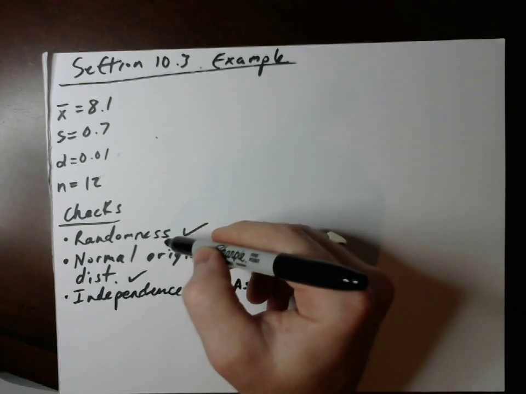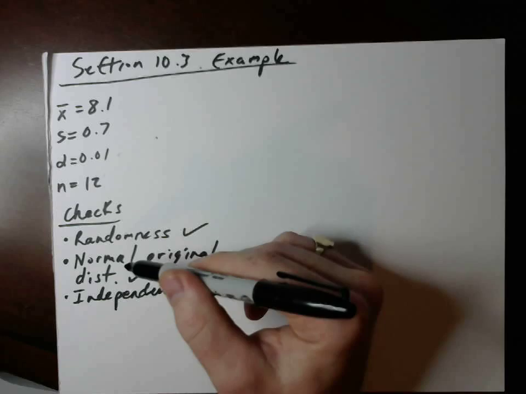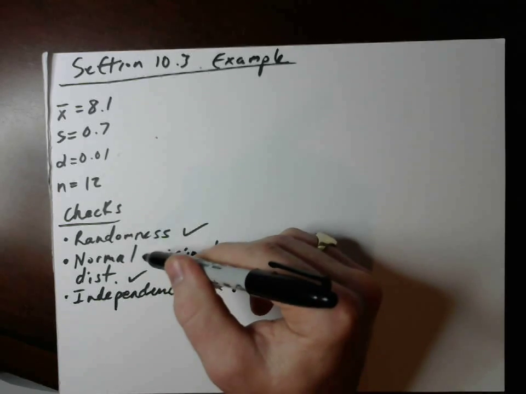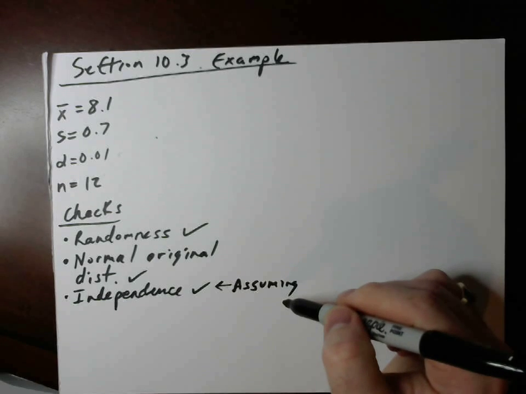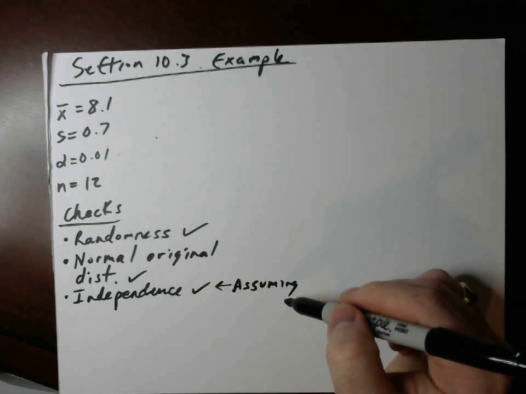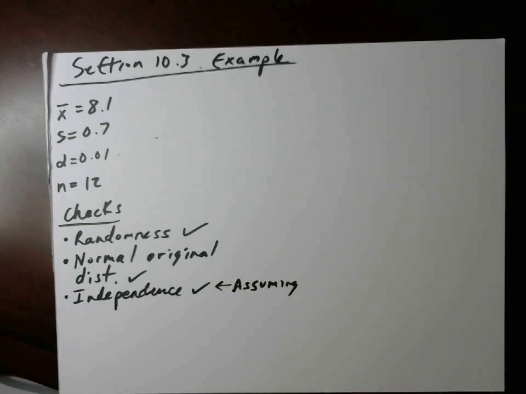This is given to us. They say that it's randomly selected, and we know it is normally distributed. So we don't have to assume these. We know that they're true, but we have to assume independence. And this is a pretty reasonable assumption, because independence is almost always, it never really failed to be obtained.